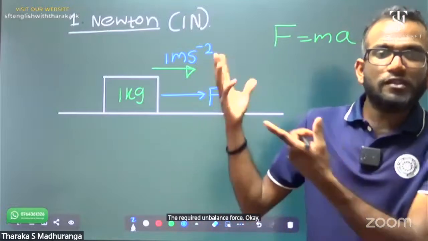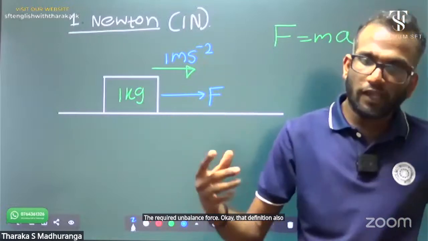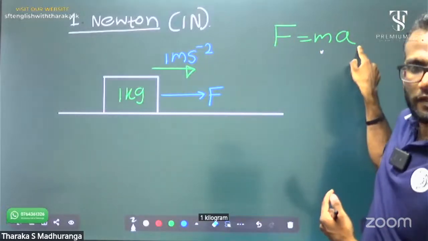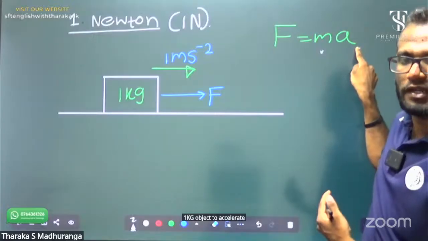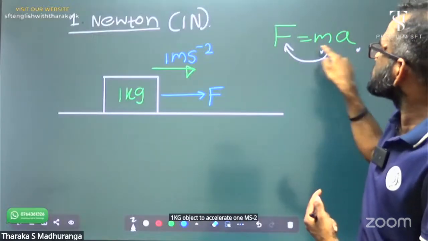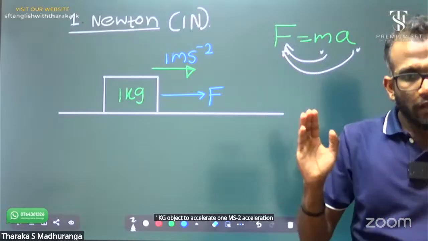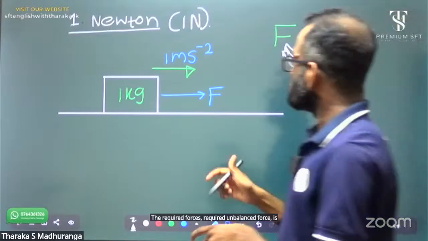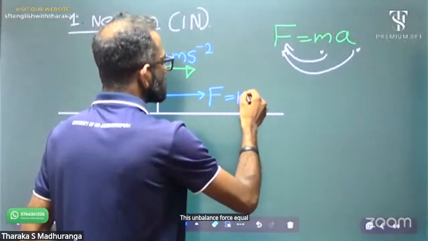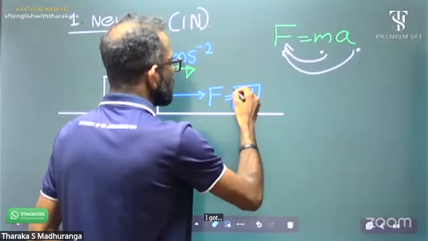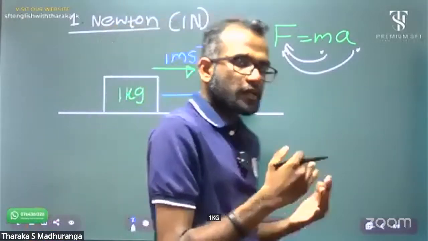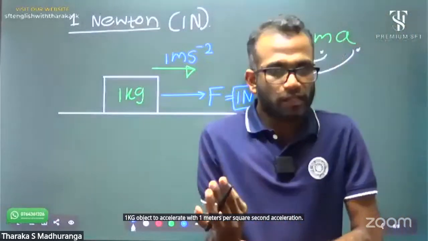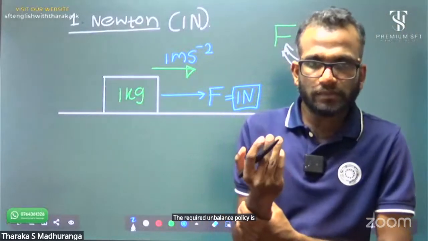That is the definition according to Newton's second law. F equals ma, right? For a 1 kilogram object to accelerate at 1 m/s², the required unbalanced force is 1 Newton.